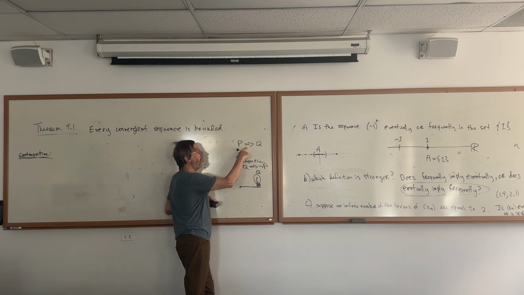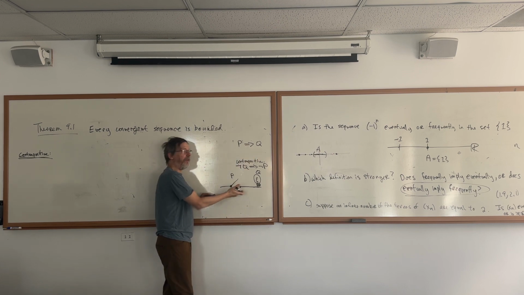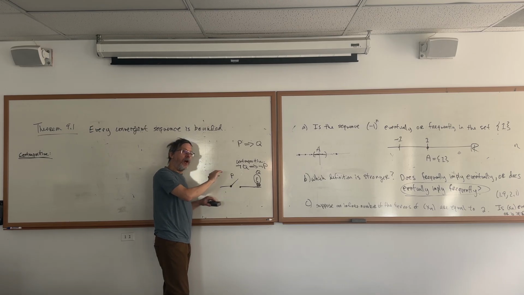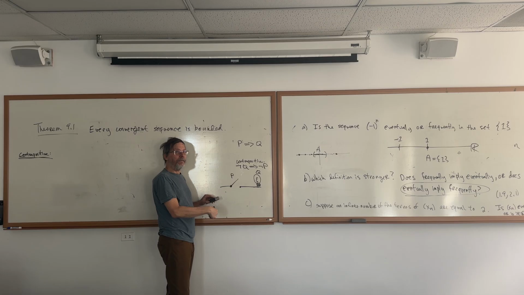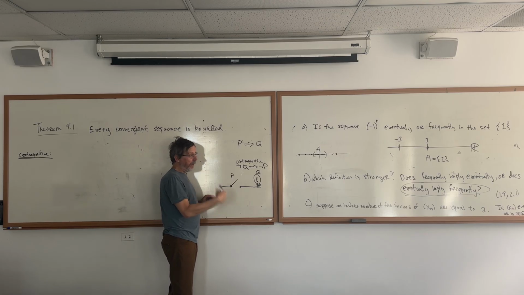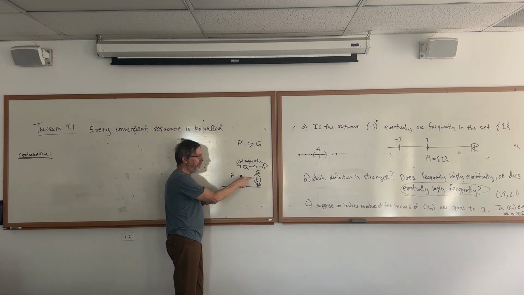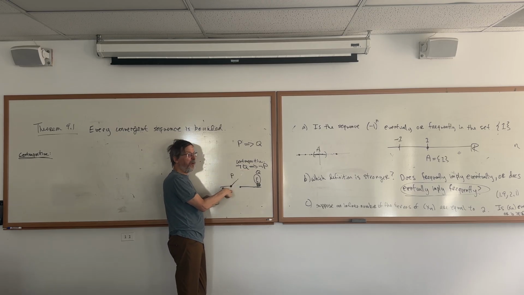So if I say P implies Q, it's a situation like this, that I know that if I flip the switch P, Q turns on. The contrapositive says, if this light bulb is not on, then I know this switch can't be flipped. See how that works?